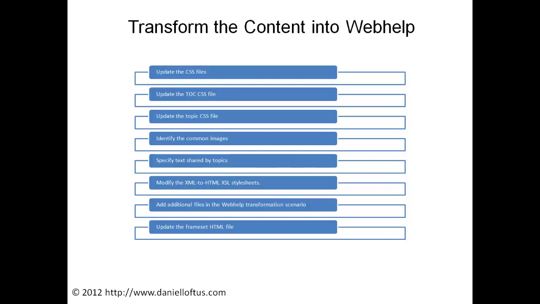And then finally, after I ran the transformation, I also needed to update the dimensions of the frame set, because they were not to my liking. I also wanted to add some branding information in the parent frame that contains the Webhelp, so that the reader never loses a sense of the context within which they're retrieving the information.